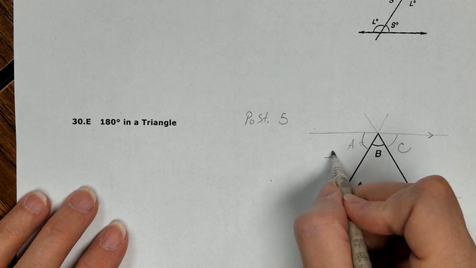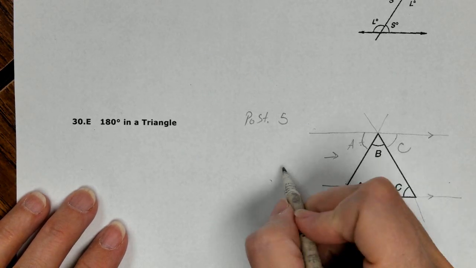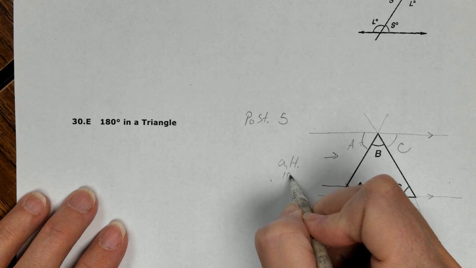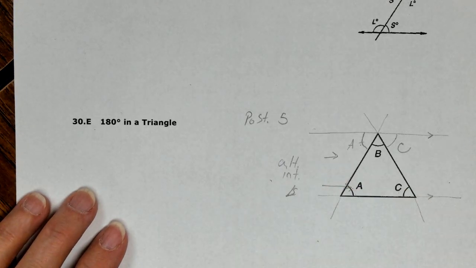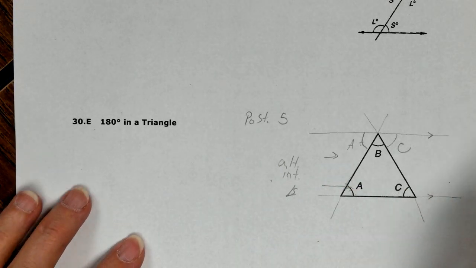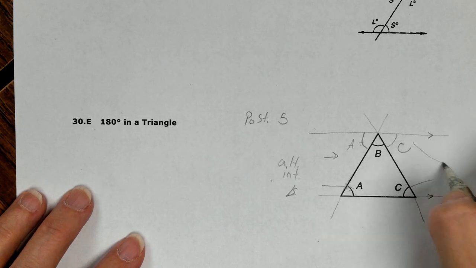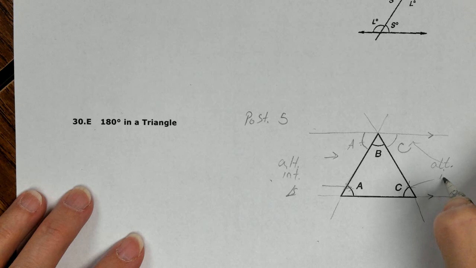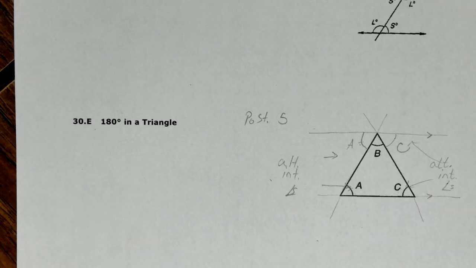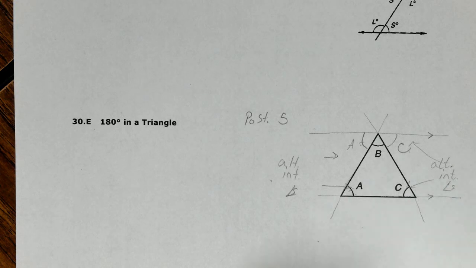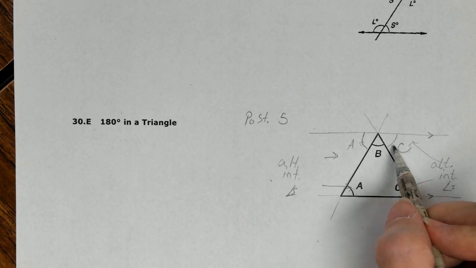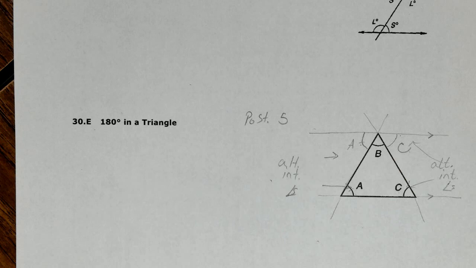Okay, because, let's label that a little bit. These are alternate interior angles, so they're congruent. And also those two that are labeled C now, those are alternate interior angles, so they're congruent. If this is C, this is C. These three make a straight angle.